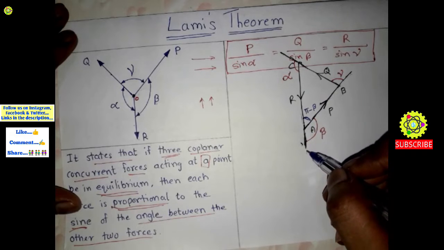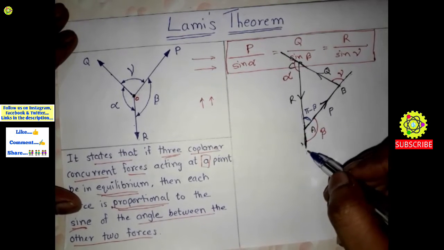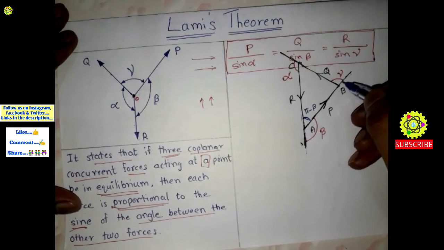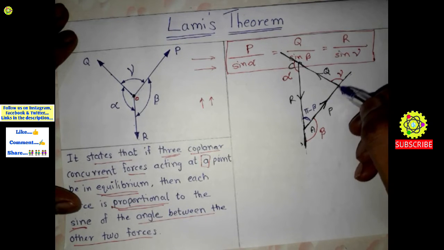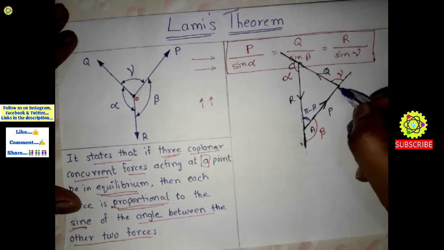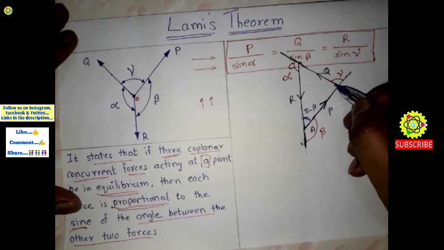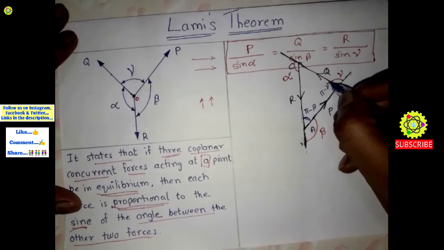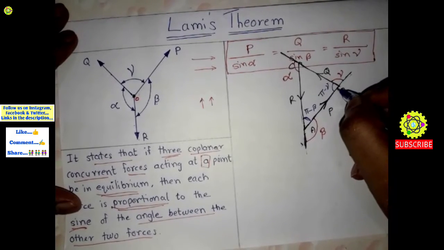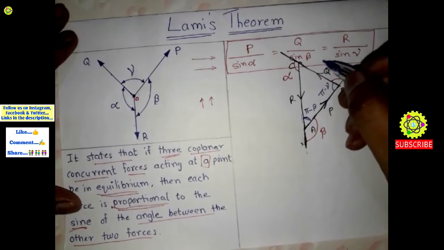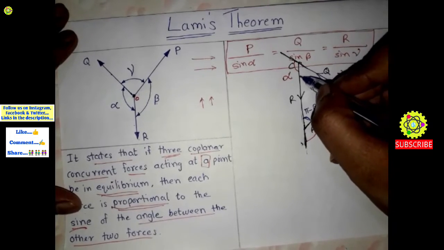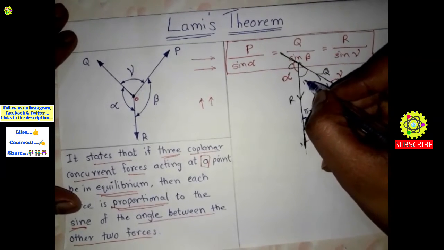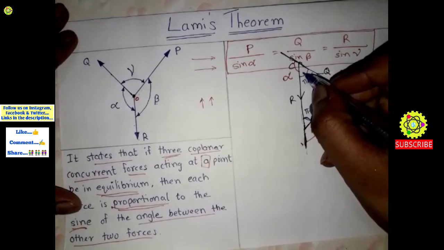This angle will be 180 degrees, that is pi. Now in this case, the addition of these two angles should be 180, that is pi, so here this angle will be pi minus gamma. This angle will be pi minus gamma. Another, in this case this angle will be pi minus alpha.